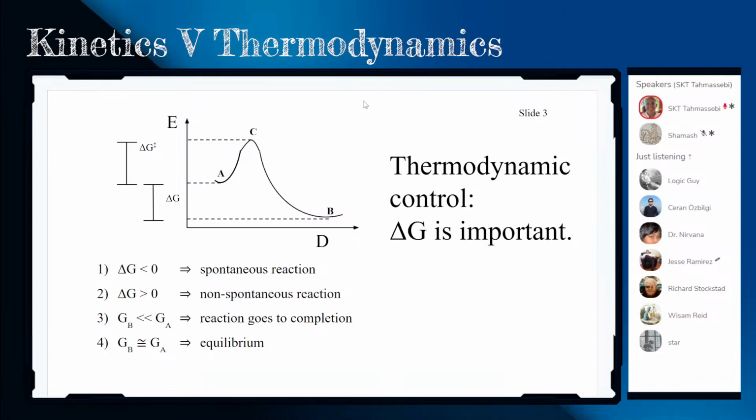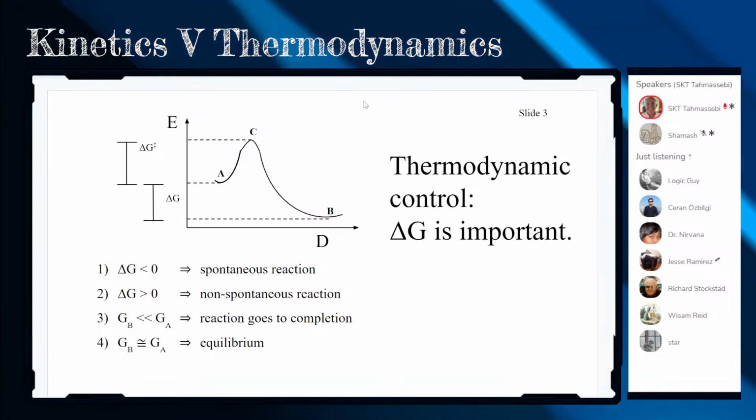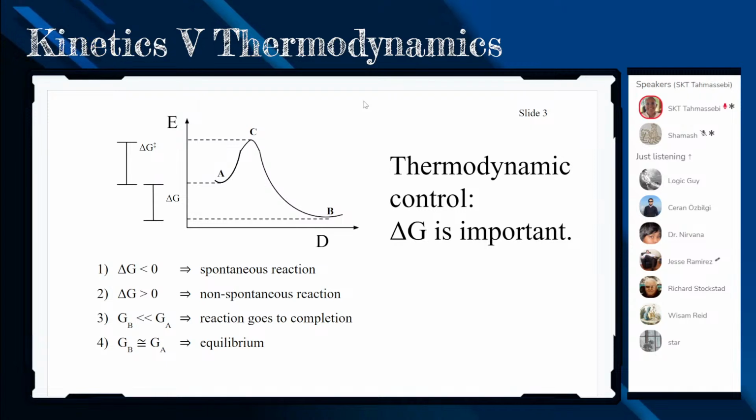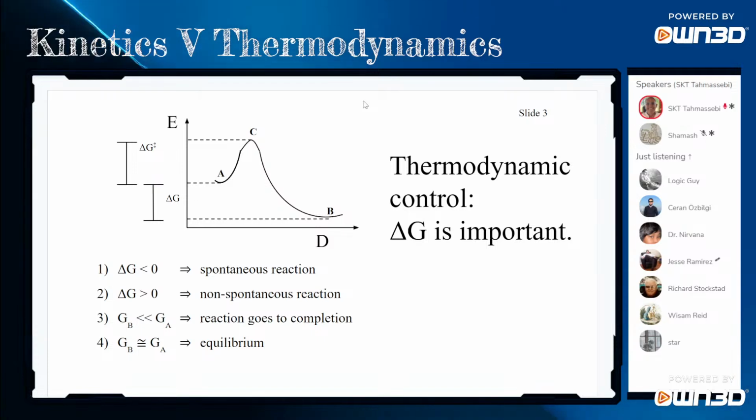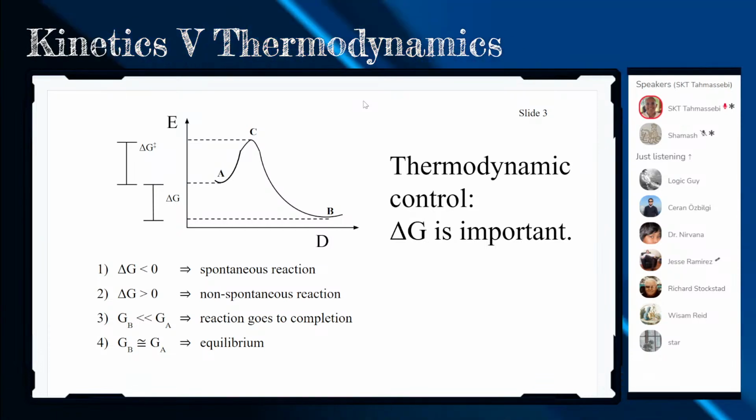If the free energy of the products is much greater than the free energy of the reactants, then that reaction by itself doesn't take place. It requires an input of energy. So, for example, the reverse of iron rusting, that is iron oxide turning into iron and water, doesn't by itself take place because the G of iron and water is greater.